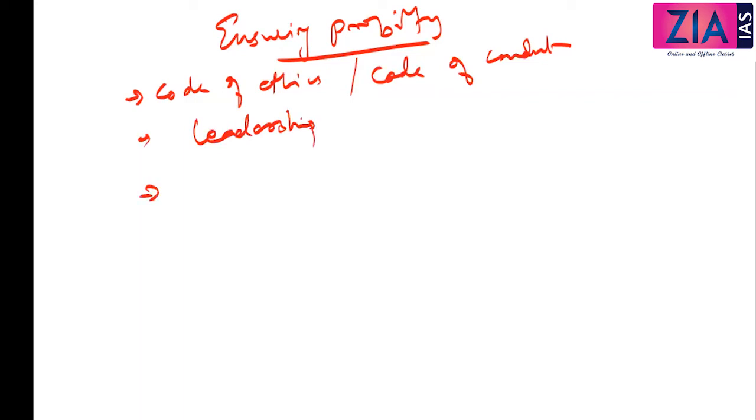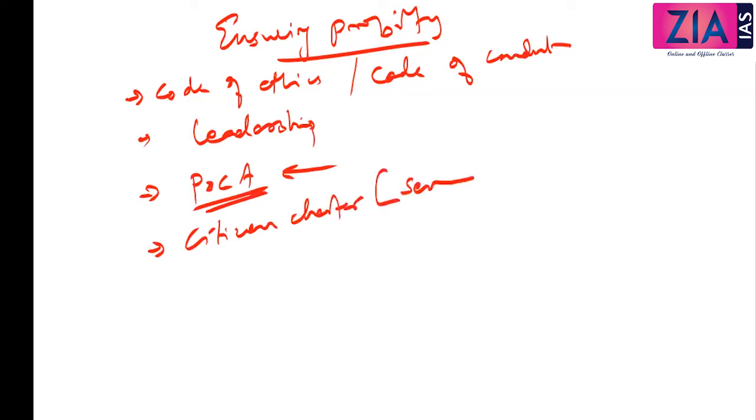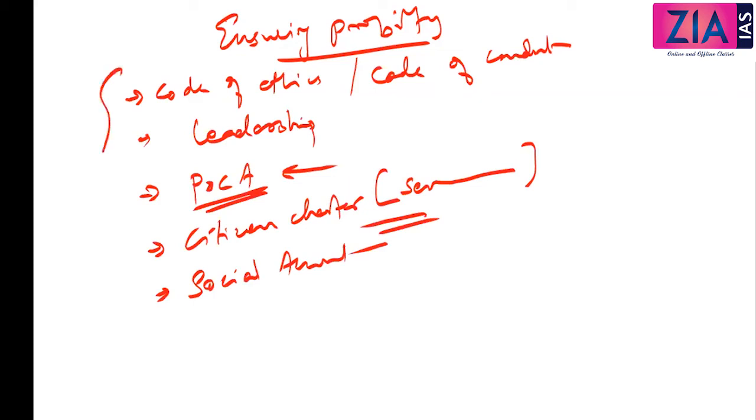Prevention of Corruption Act, effective implementation, and proper conviction, etc. Citizen charter. Citizen charter, Sevottam model, because grievance redressal, excellence, everything has to be there. Okay. Social audit, or we have discussed accountability, so social accountability. Okay. These are the ways you can ensure probity in governance.